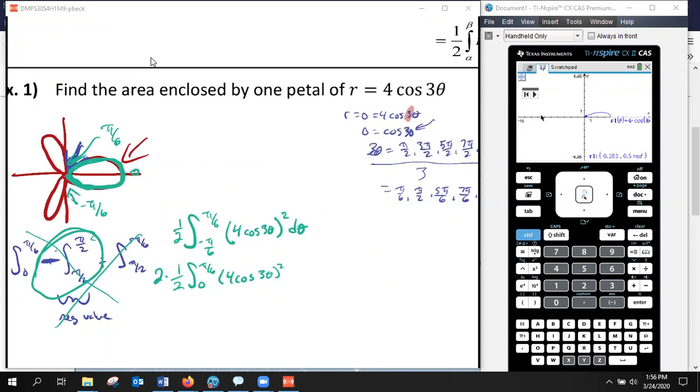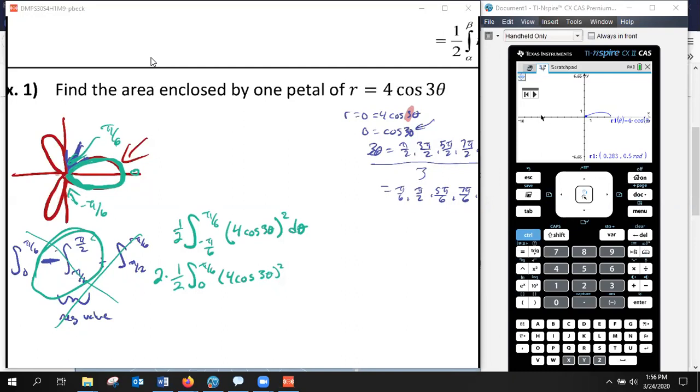So one question that was asked that I can address right now: how can you choose your interval? We could say this interval from negative pi over 6 to pi over 6 if we want to include that region. We could also take the opposite of that region if we go from pi over 6 to pi over 2.